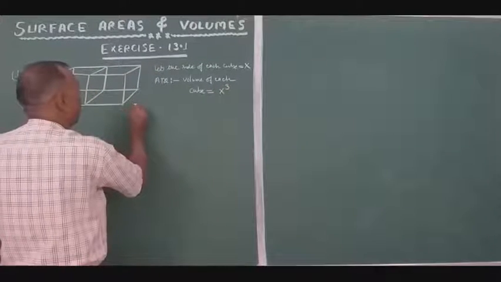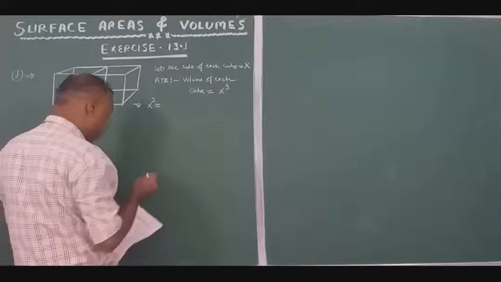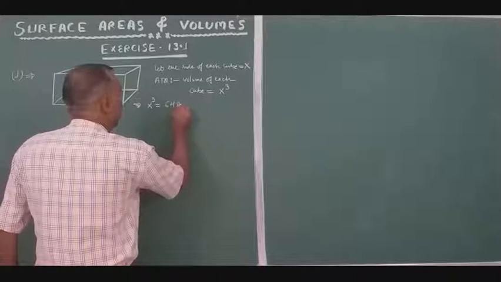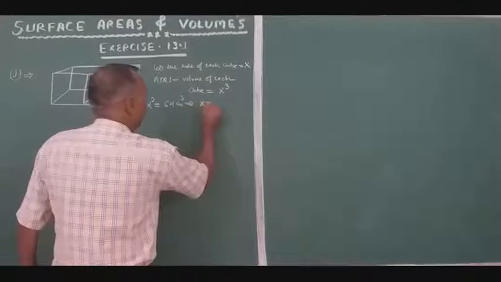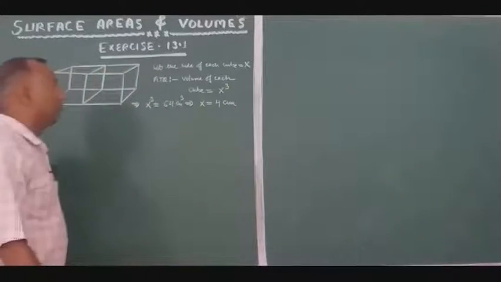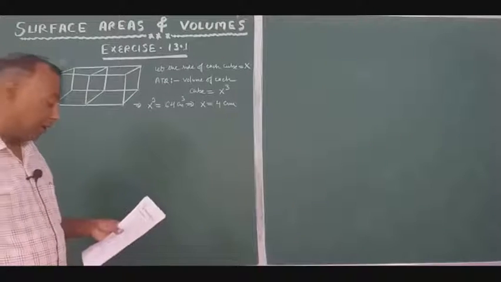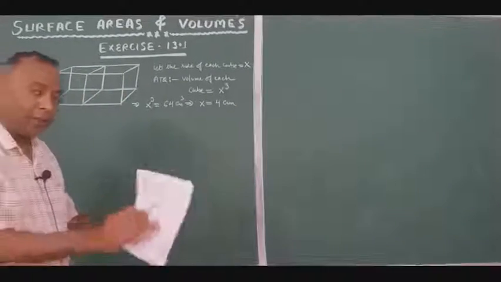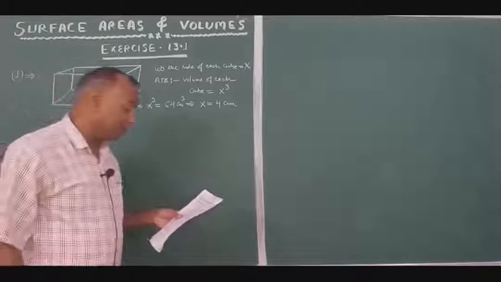So x cube is given as 64 centimeter cube. From here we can calculate x as 4 centimeter. So the side of each cube is 4 centimeter. Now they are joined end to end. Find the surface area of the resulting cuboid.